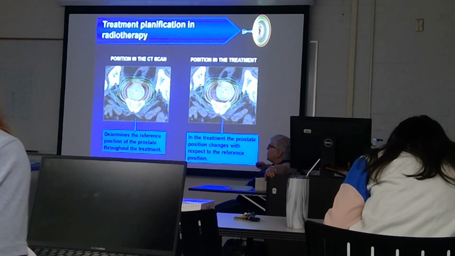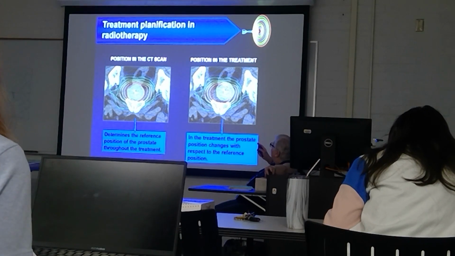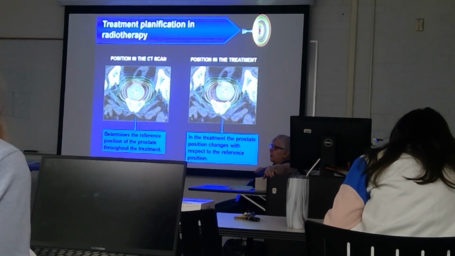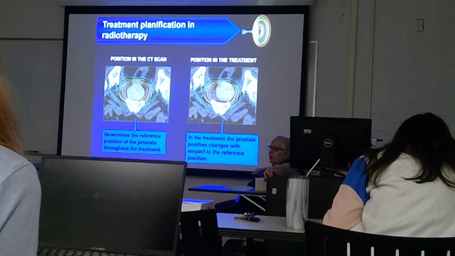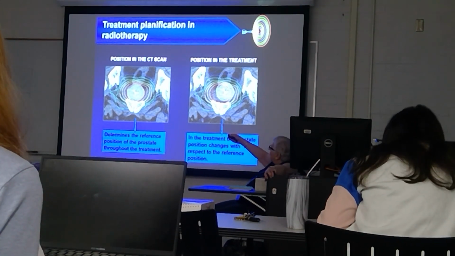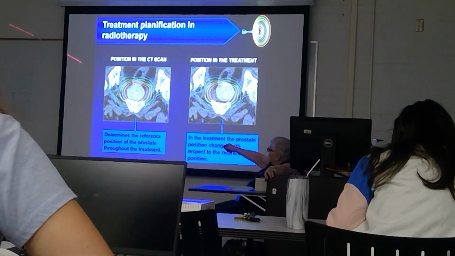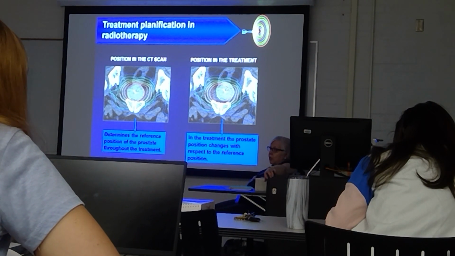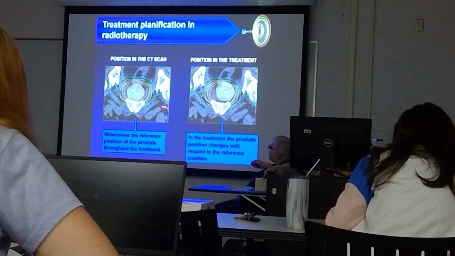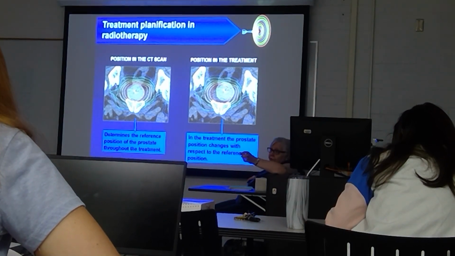This is one of these things that before we had IGRT, we had to do a larger field than we do these days, because we wanted to make sure that the prostate was still in the field, no matter how it moved.